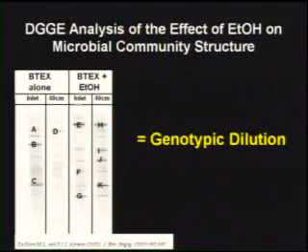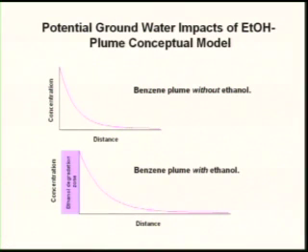So that's what I call genotypic dilution. You still have more degraders, specific degraders, but as a percentage of the overall population, they're less. So what does this all mean?